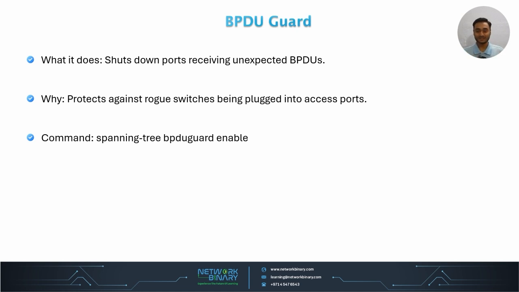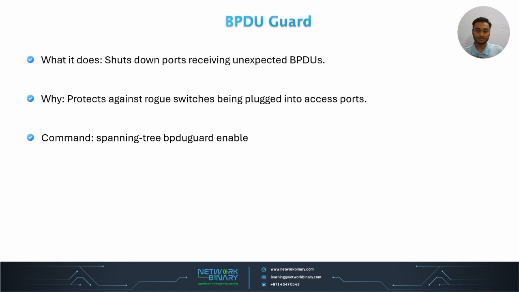What happens? Things can go south because that new switch can broadcast BPDUs, and if by any chance that BPDU is lower than the other BPDUs that are already roaming around in the network, the new switch becomes the root bridge, and that disrupts the whole network, and boom, it's a whole lot of mess.